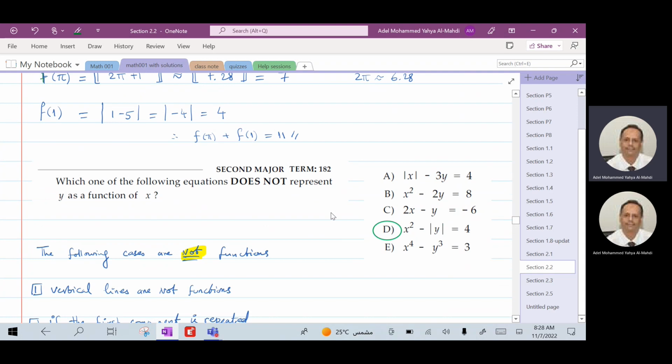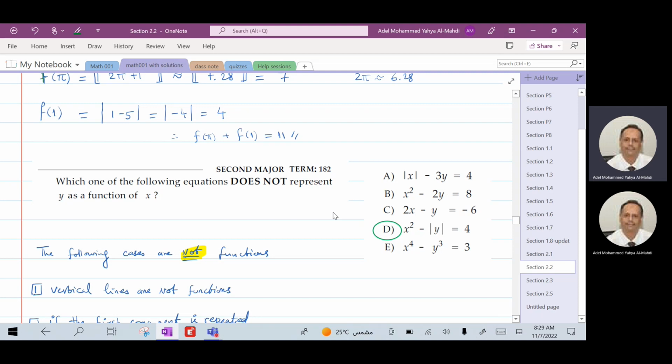He asked which one does not represent y as a function of x. Why is the first one a function? Because the absolute value is over x. B is a function because the square is over x. C is a linear function, so it is a function. D is not a function because of the absolute value over y. And finally, E is a function because we have y cubed. We don't have y squared, and we don't have the absolute value over y.